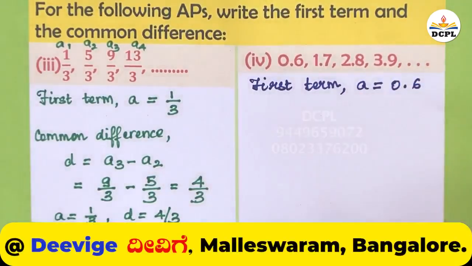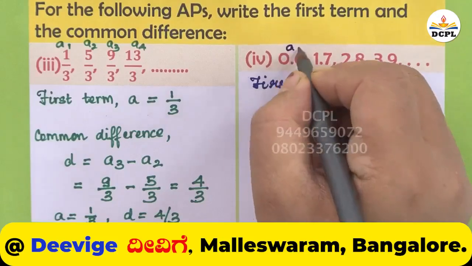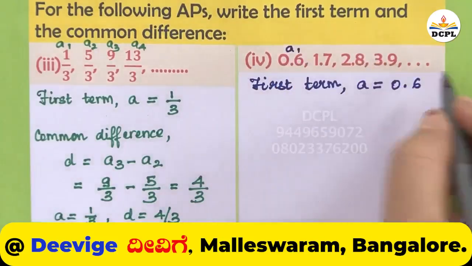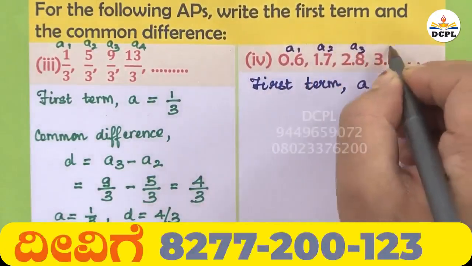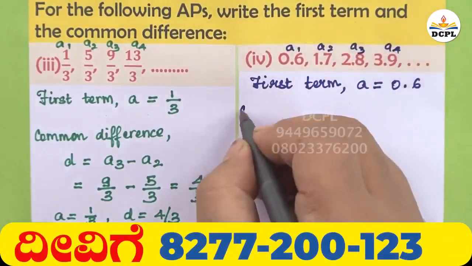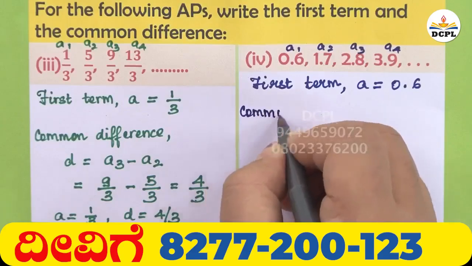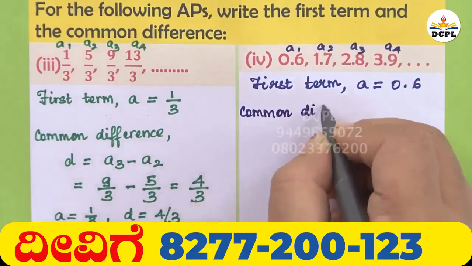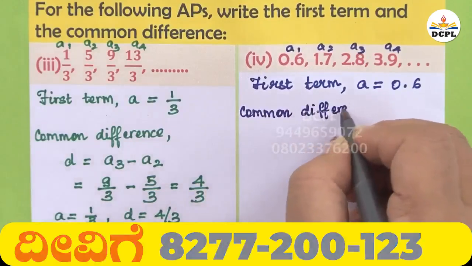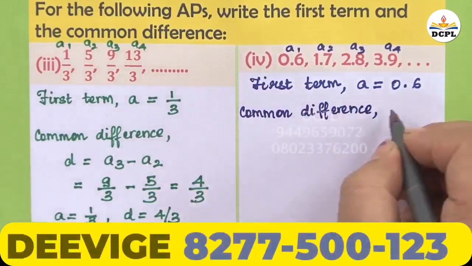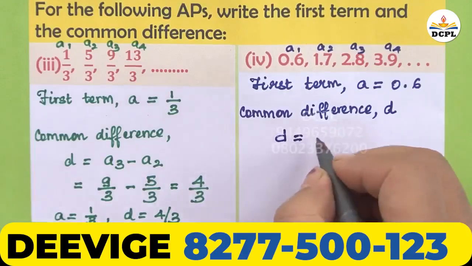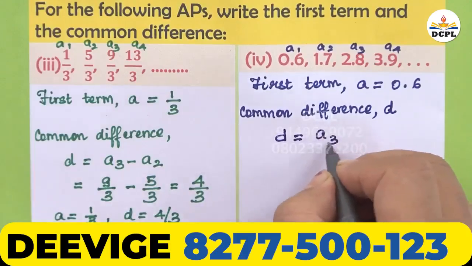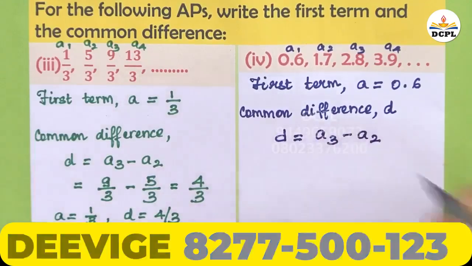If you want, you can continue by writing the terms of the sequence as A1, A2, A3 and A4. Next, to find the common difference D, we can start by subtracting A3 minus A2.